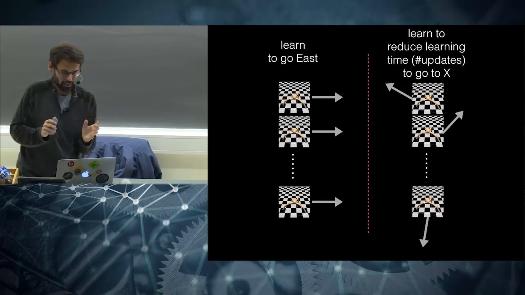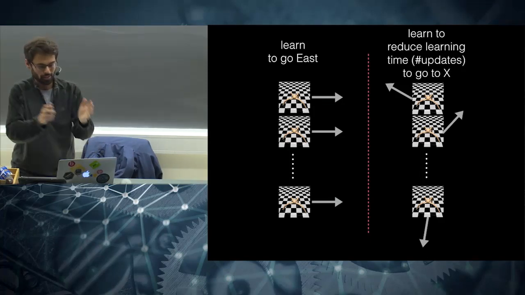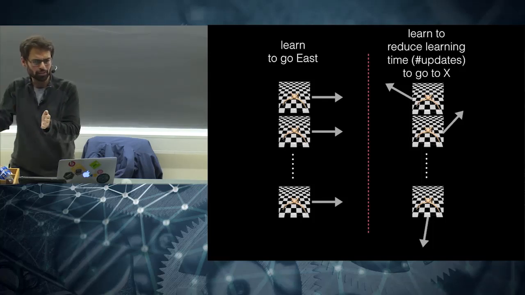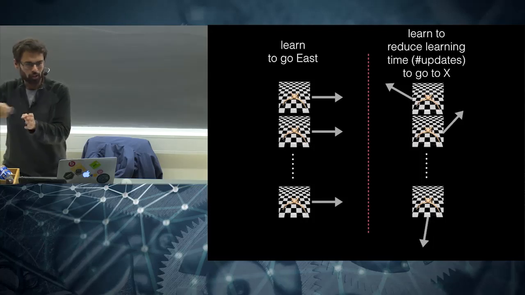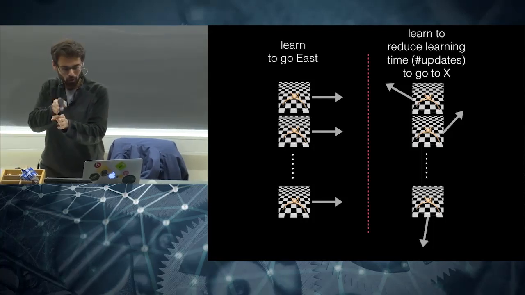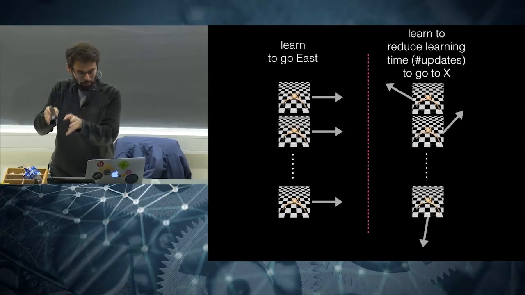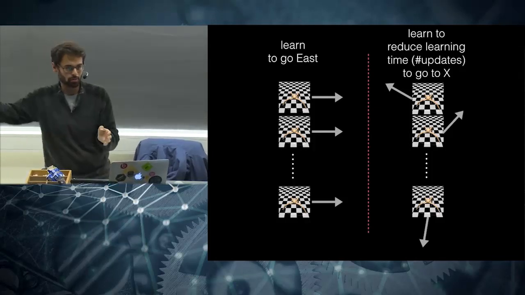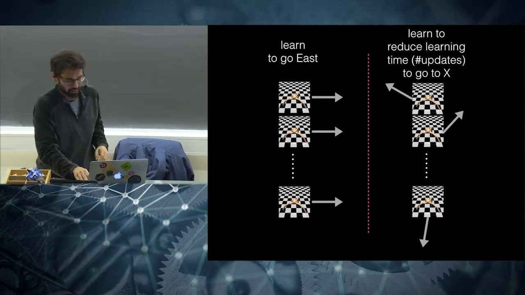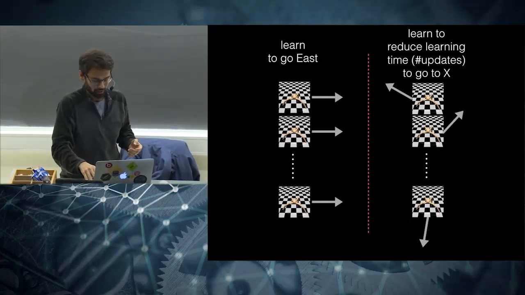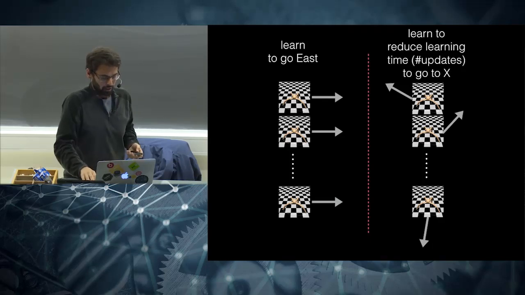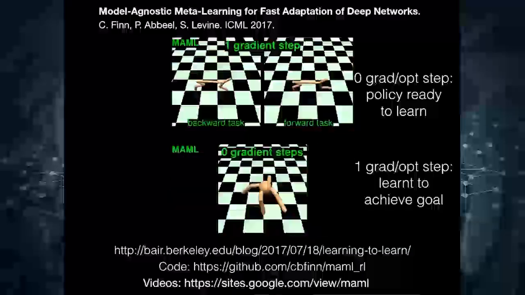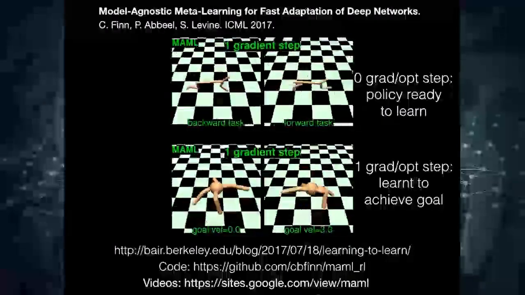So the loss is essentially a sum of losses of the steps, the gradient updates that you would make for the task. It's a sum of those steps that you would need to learn a task across all tasks. And you minimize that and you get a policy that, given a new task, that is new.